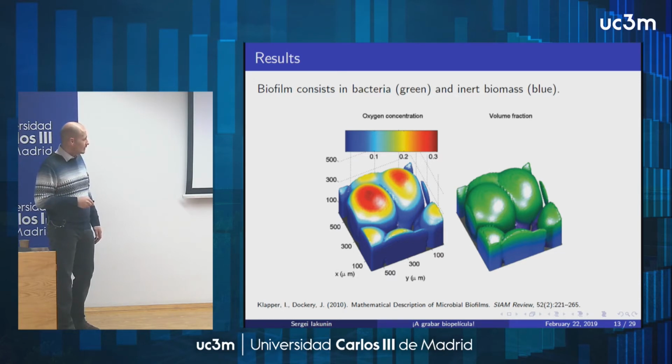And we can see that inside the colony where there is a lack of oxygen and nutrients, we have mostly inert biomass, and all bacteria are concentrated on the outer rim where we have enough resources. And besides, we can see formation of finger-like or mushroom-like shapes, because it allows bacteria to increase surface on the top of the colony and therefore absorb more oxygen or more nutrients.